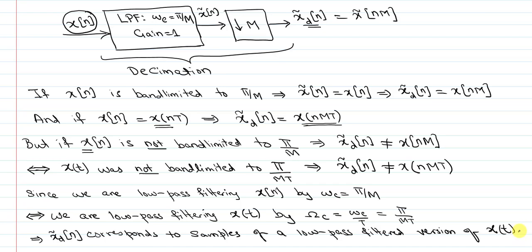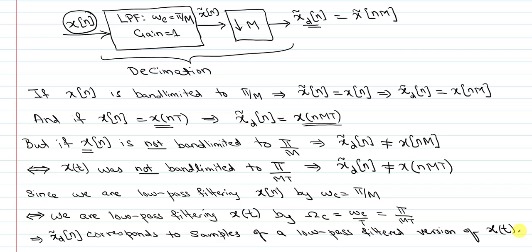And that's the best that we can hope for, because x of t we want to downsample to a sampling rate of 1 over MT, a sampling time of MT.